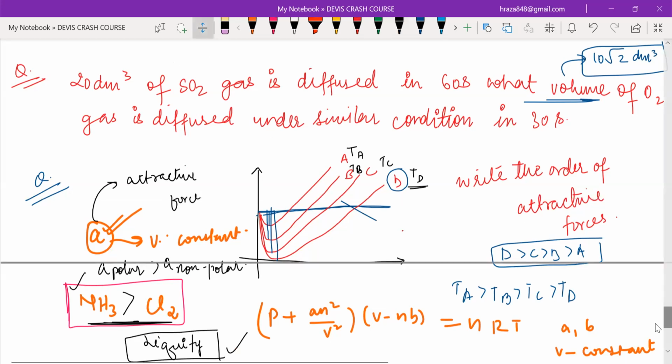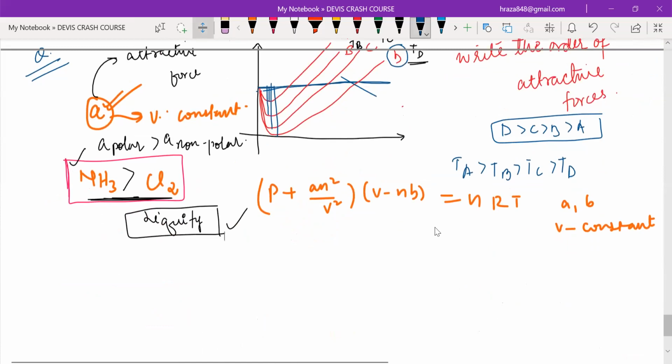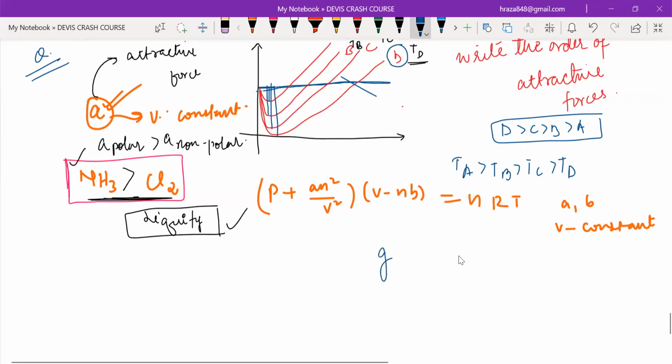How do you know? In gas and liquid, in which is the force of attraction greater? Liquid is greater. You know that, right?